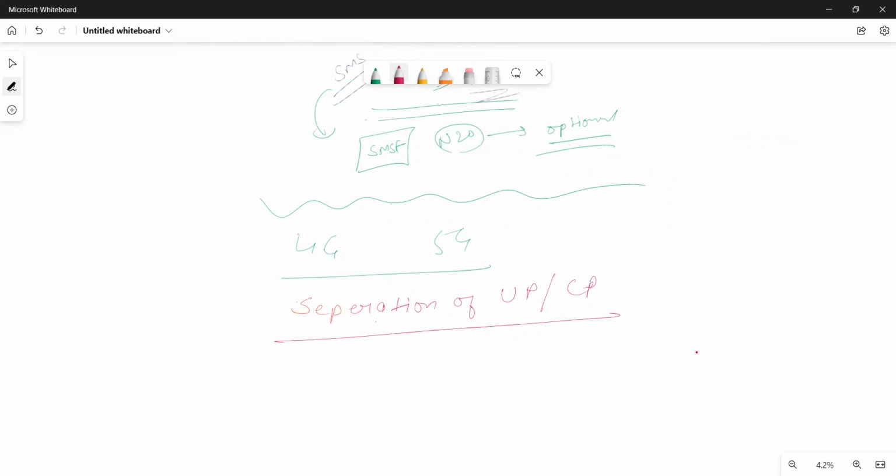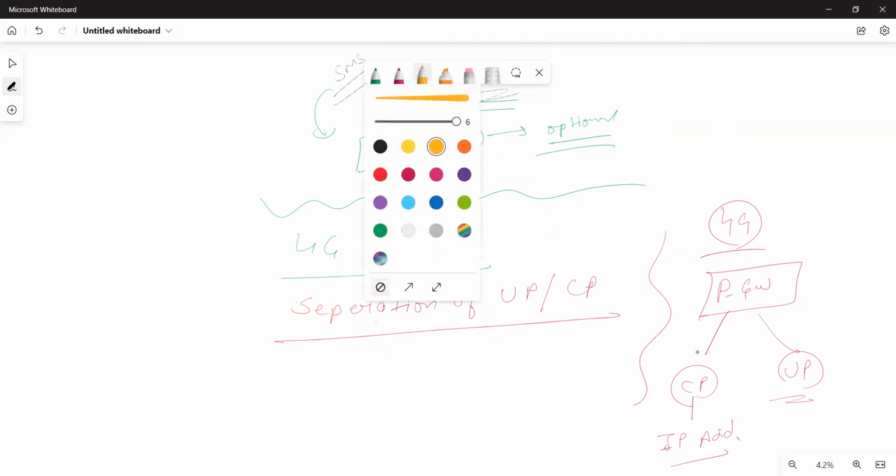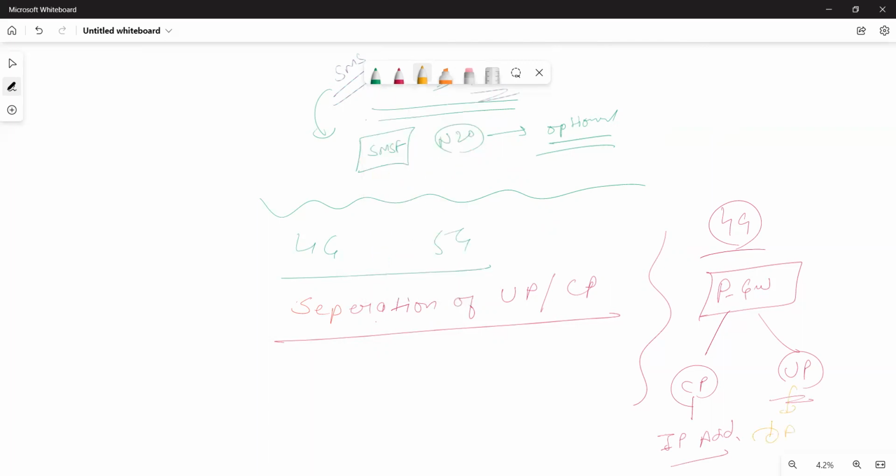So if we talk about 4G, what used to happen? There was the P gateway. The P gateway used to do both things, right? Your control plane functionality and your user plane functionality. Control plane functionality is basically your IP address allocation, and user plane functionality is your data forwarding.